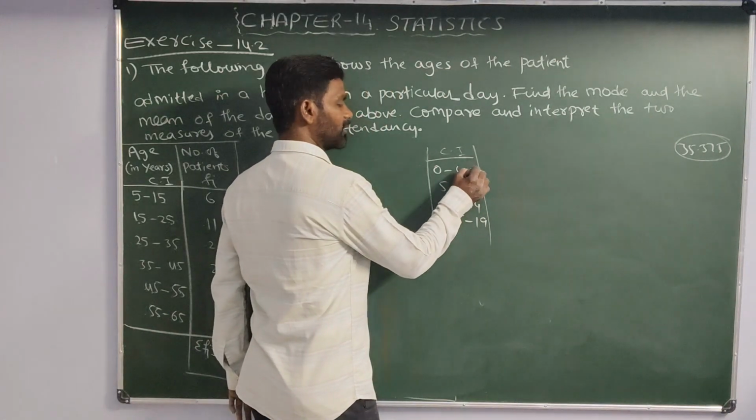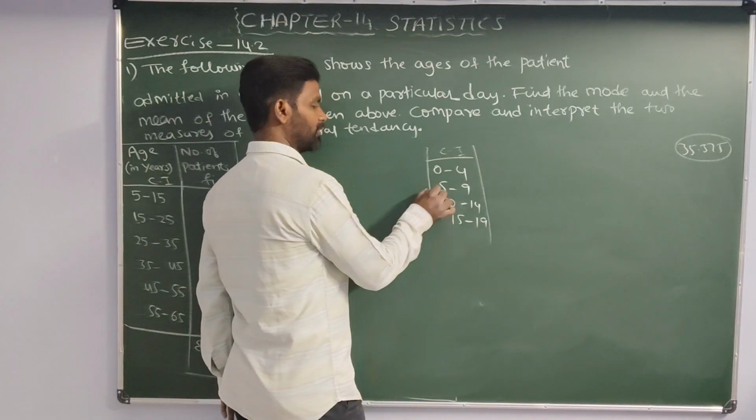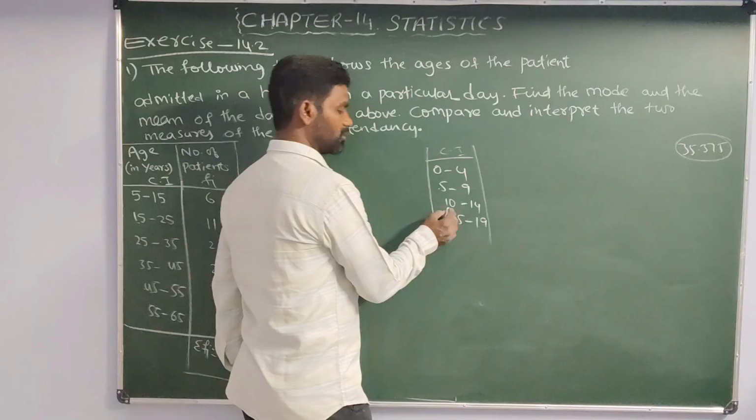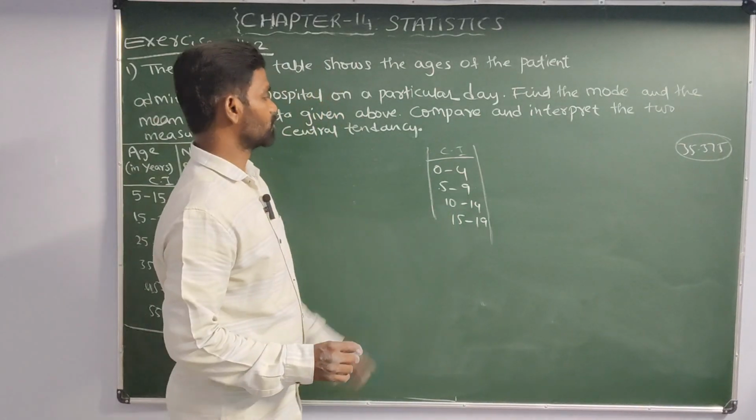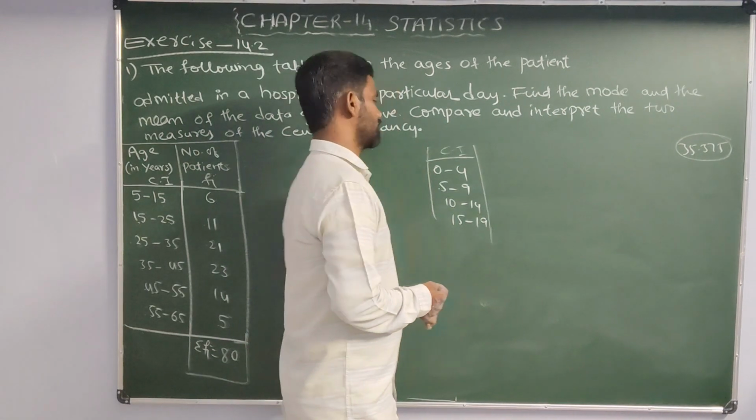The upper limit of the first class is not the same as the lower limit of the second class, and the upper limit of the second class is not the same as the lower limit of the third class. So this type of class intervals are called discontinuous class intervals.